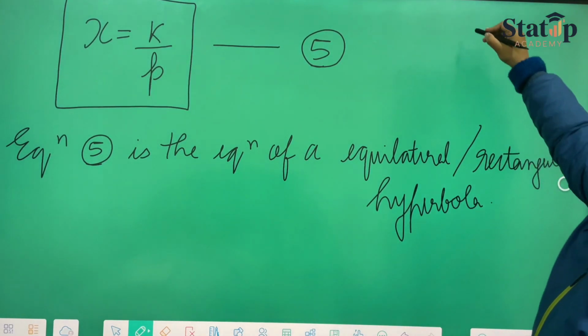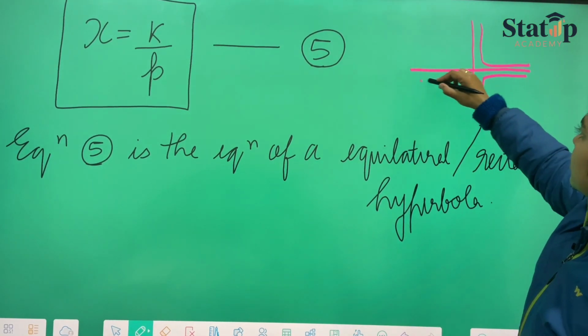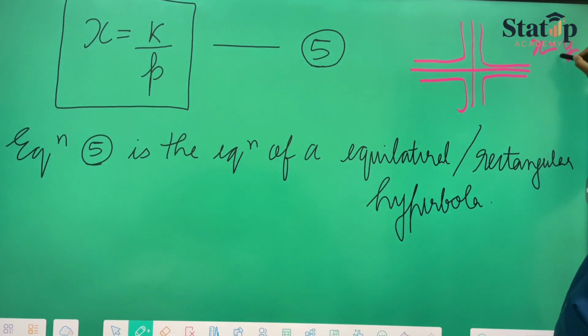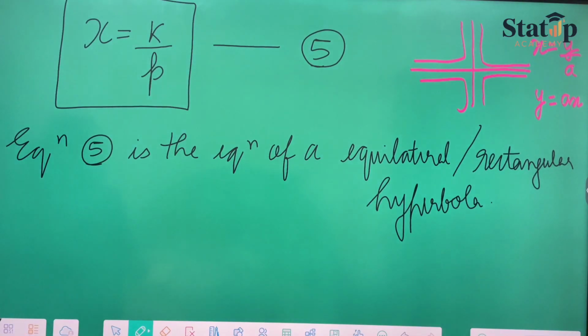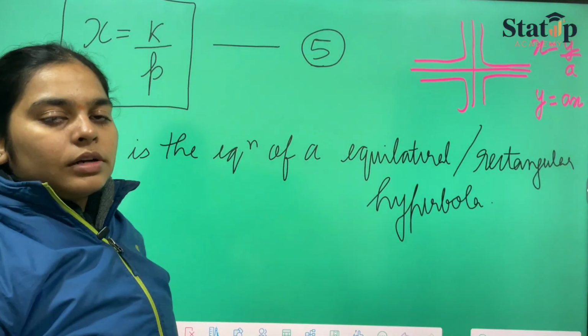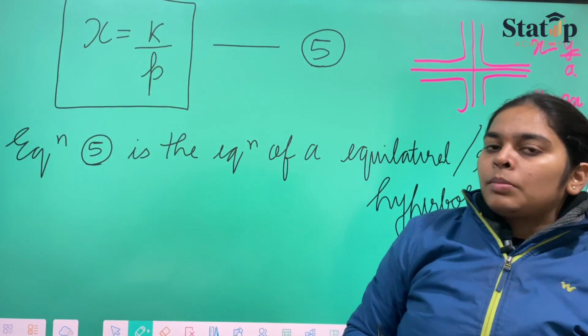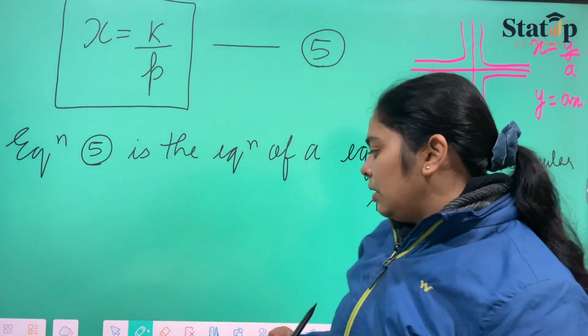Now we know that a rectangular hyperbola looks like this, which may have the equation x equals y by a or y equals ax, whatever it is. We can see that here it matches with the equation. So hence we have proved that when the constant term or the price elasticity of demand is taken as 1, then the demand curve turns into the equation of a rectangular hyperbola.